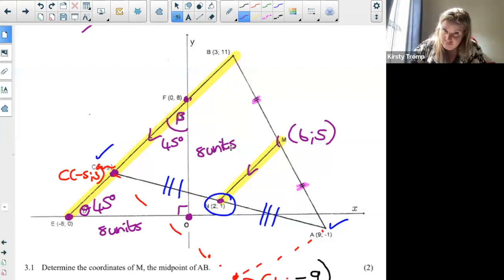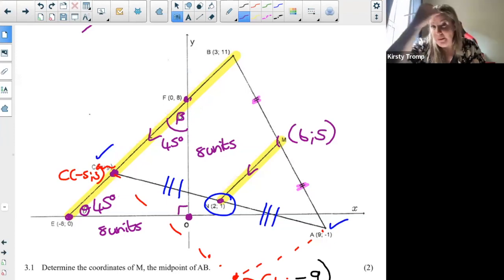Tandalwetu is asking me, why is tan theta equal to the gradient of BC? This year you would have learned that in analytical geometry in grade 11. Maybe you haven't learned it yet in class, but when you do trigonometry, we spoke about sin is y over r, cos is x over r, tan is y over x. How do you calculate gradient?